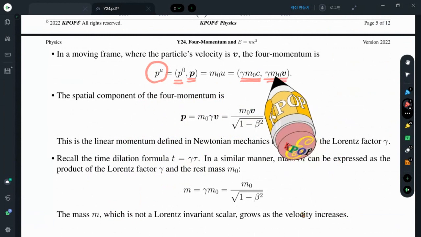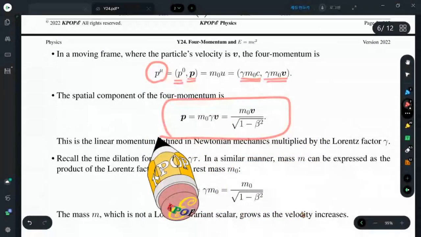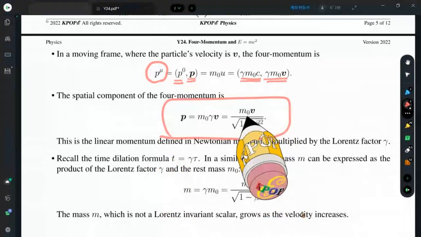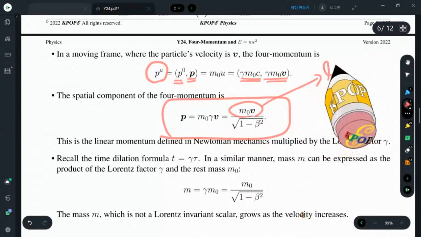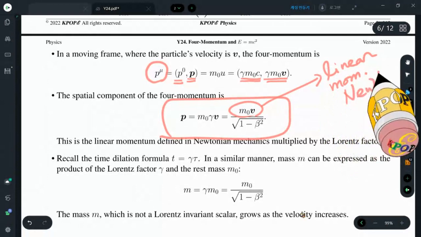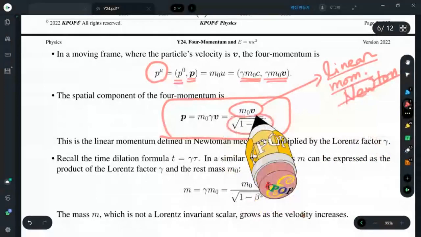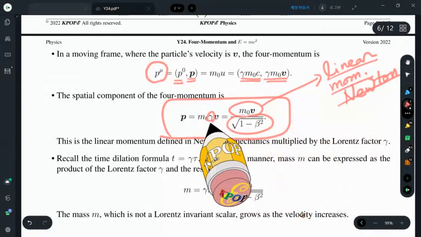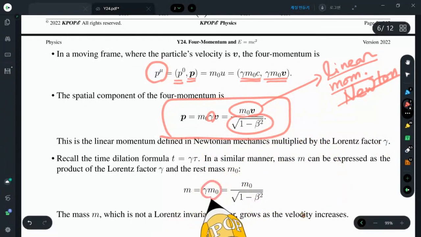Okay, let's substitute gamma. Then the spatial component of the four momentum shows that we have rest mass multiplied by the velocity. This is the linear momentum of Newtonian mechanics. We have an additional factor that is gamma. We can interpret this product of gamma and rest mass as the mass of a particle.